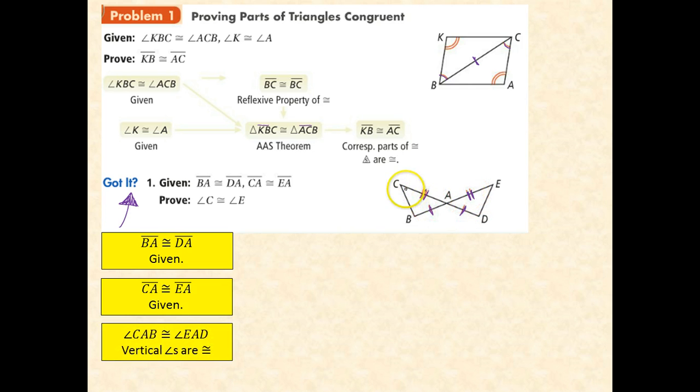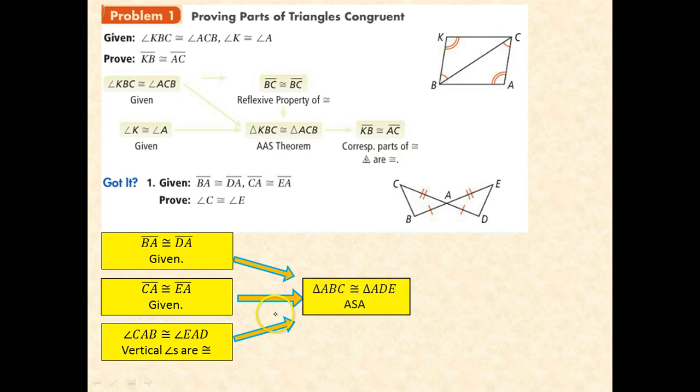And we know that angle CAB is congruent to angle EAD because they are vertical angles, and vertical angles are congruent. That gives me side, angle, side. So triangle ABC is congruent to triangle ADE by side, angle, side.